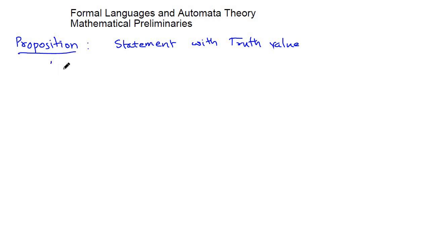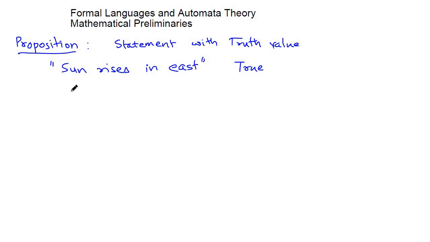For example, a statement such as: sun rises in east. It has a truth value associated to it. It is true or false. Either the sun rises in east or it rises somewhere else. So you can assign a truth value to it. Currently, we can assign the truth value true to this statement. You can have other statements as well, which might result in a false truth value.